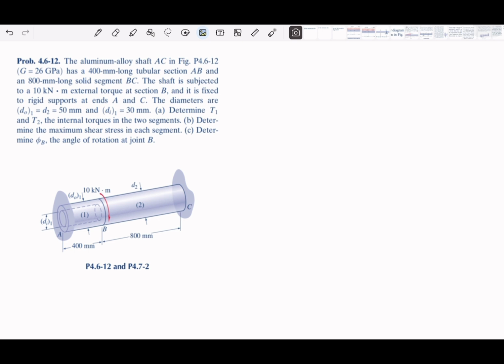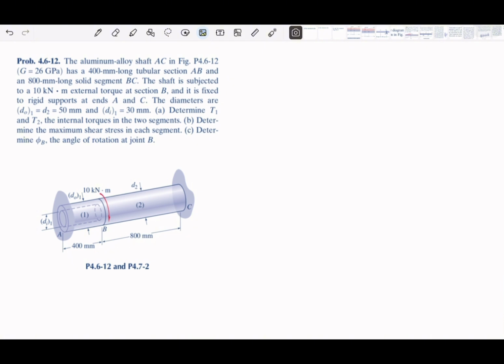Okay, let's try this one. We have this shaft. It's aluminum alloy, so it's all one specific material, which is aluminum. It has shear modulus 26. It has length, and then we have a segment BC, which is a solid segment. So AB is a hollow tubular section, and BC will be solid.